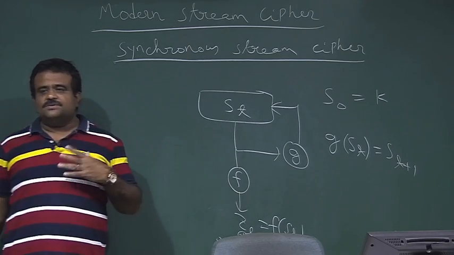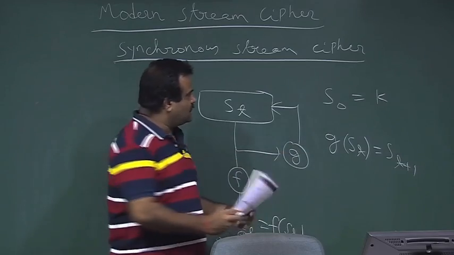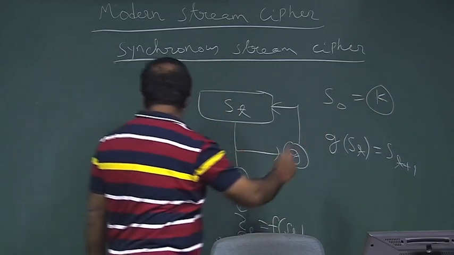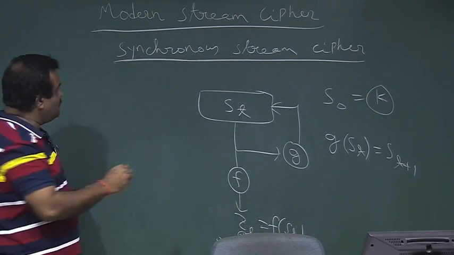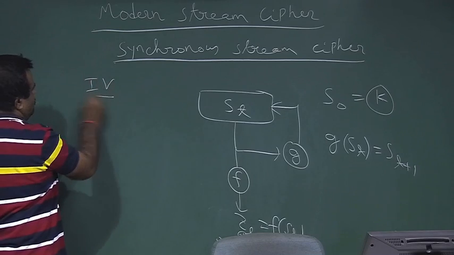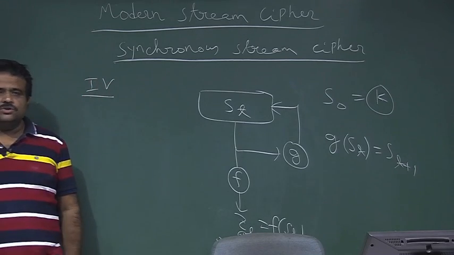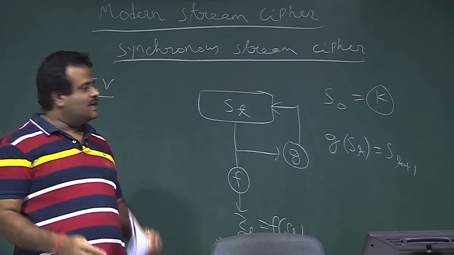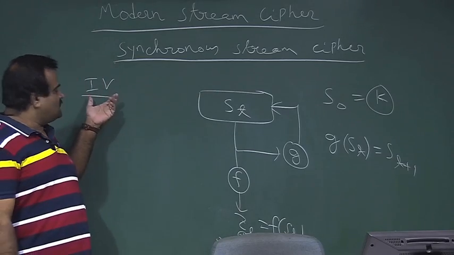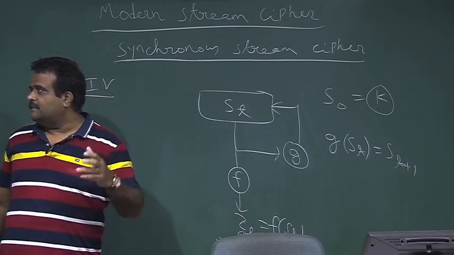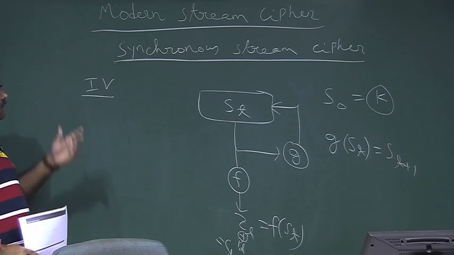In the modern stream cipher, apart from the secret key shared between Alice and Bob, we have the IV, the initialization vector, which is also shared between Alice and Bob. This IV is used in the initialization method of the stream cipher.